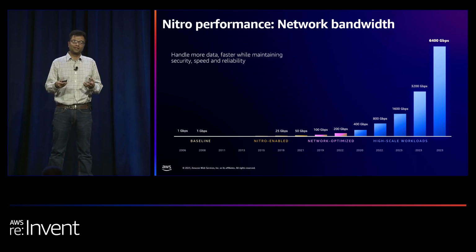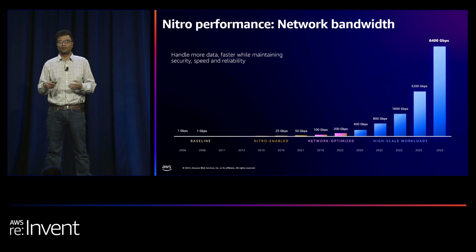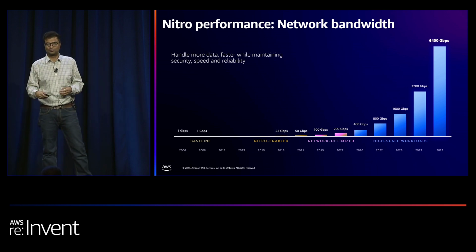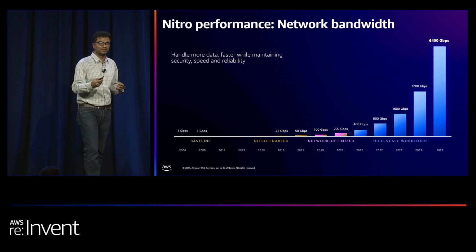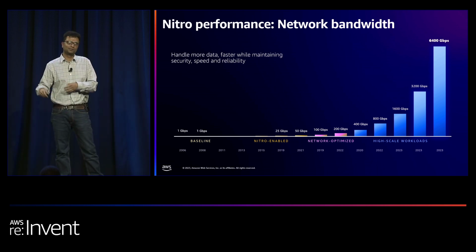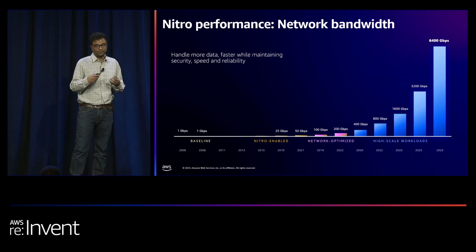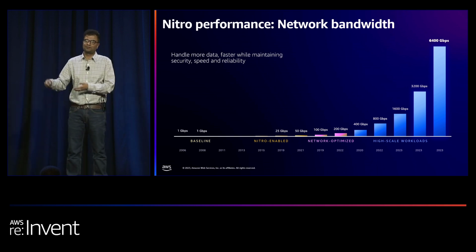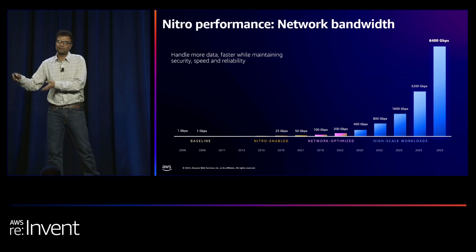The customers then said that there are more demanding workloads like network appliances or telco workloads, the AI/ML workloads, the HPC-based workloads, and you need even higher networking bandwidth. So what we did was, we used a series of networking cards to deliver even higher networking bandwidth.